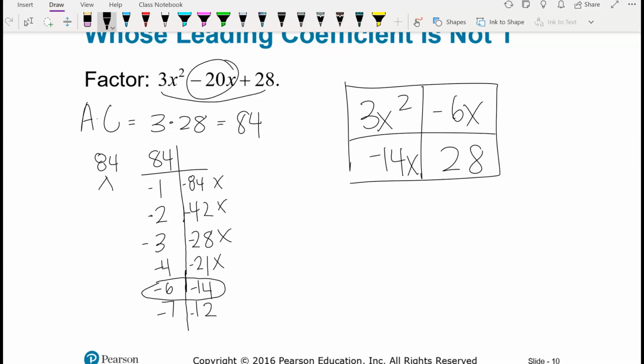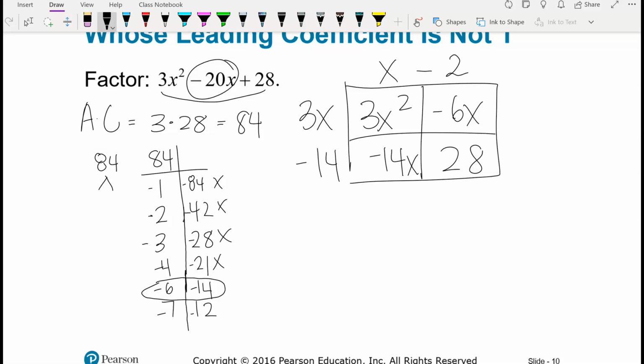I like to do the box because you can tell which one you're going to have your number with. This one, they only have an x in common because they don't have any numbers. 6 and 28 only have 2 in common. And then 3x squared and 6x have a 3x in common. And then negative 14 and 28 have a negative 14 in common.